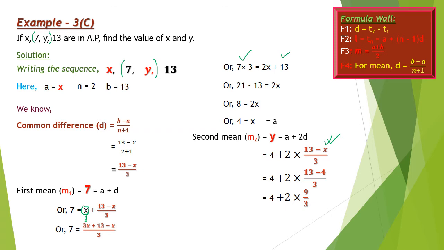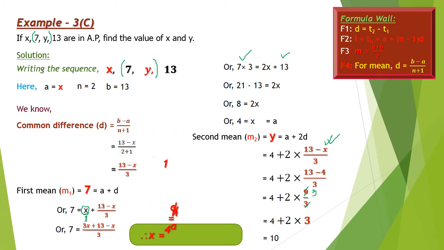We can cancel 3 one the 3 and 3 three the 9. Now it is 4 plus 2 into 3, which is 10. Okay, 6 plus 4 is 10. So we have found the value of x and y. Therefore x is equal to 4 and y is equal to 10. Now these are our answers.